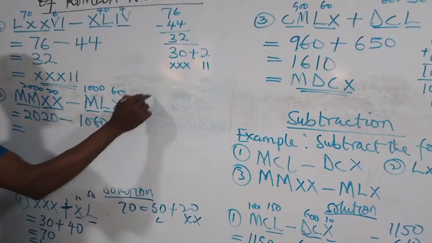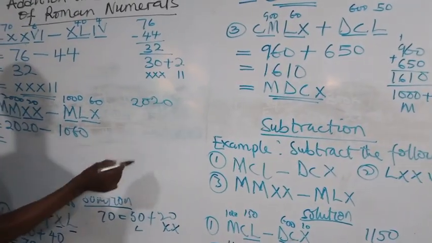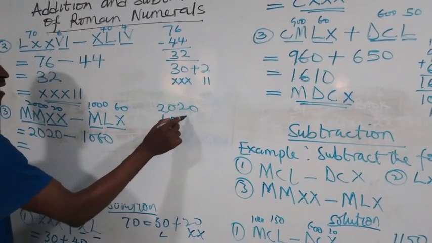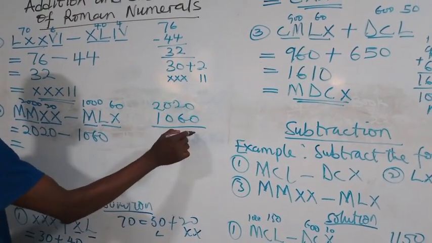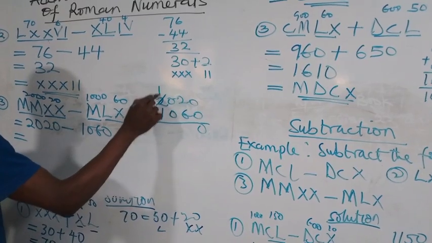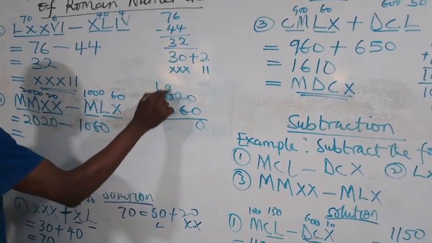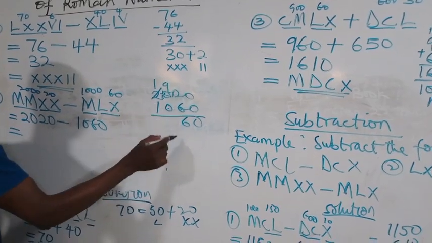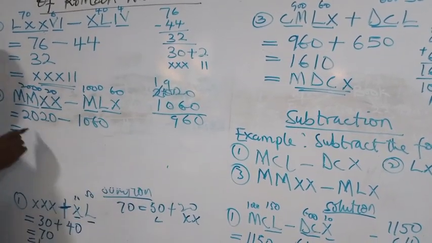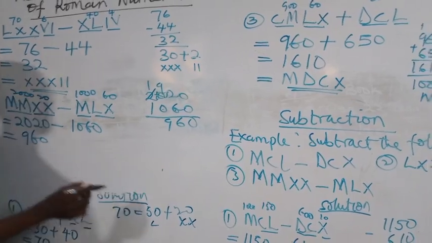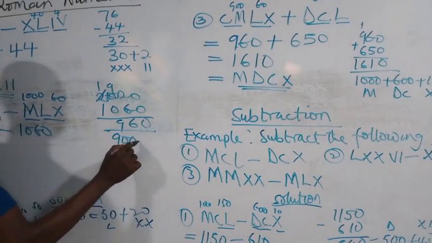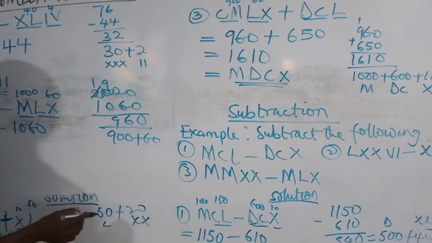When we subtract 1060 from 2020, we have 960. 960 will give us 900 plus 60 when we expand.